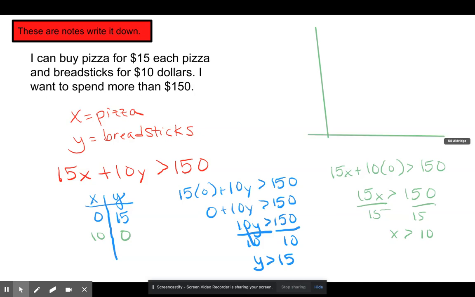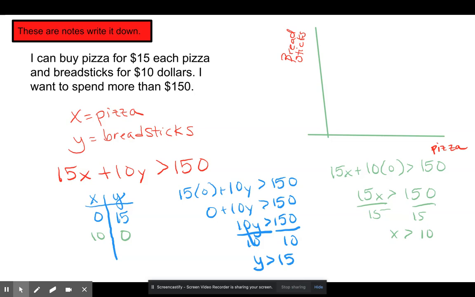All right. Let's label X is pizza. Y is breadsticks. All right. So I have the point 0, 15.